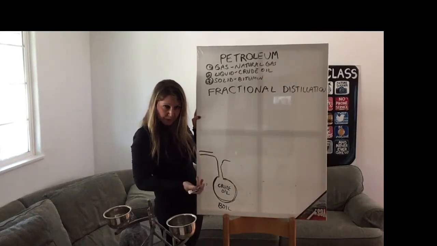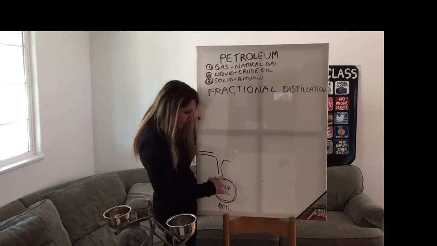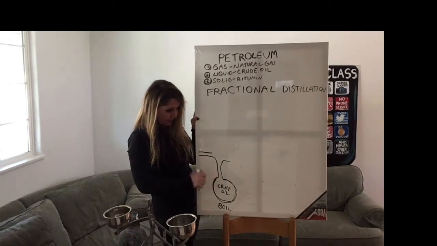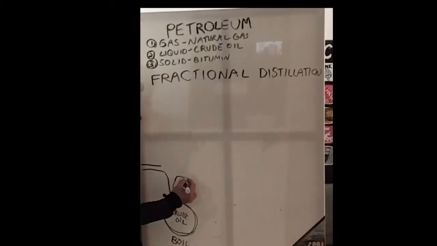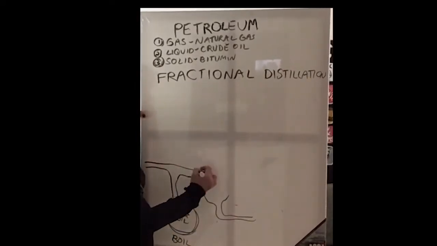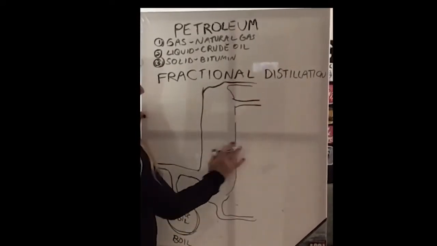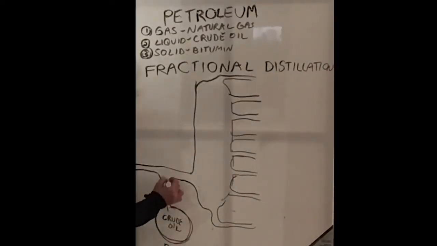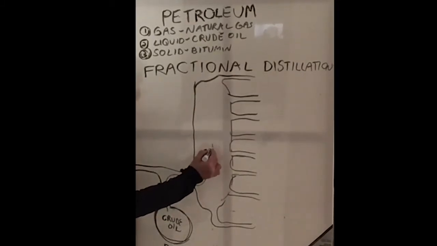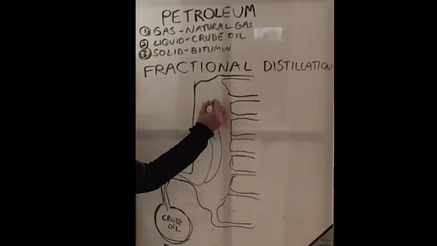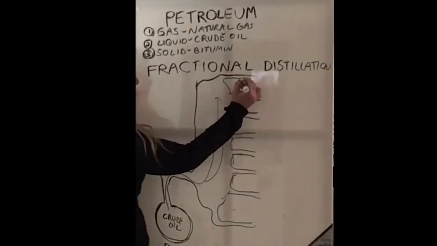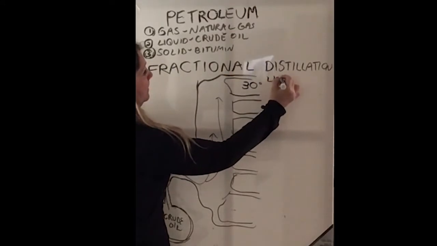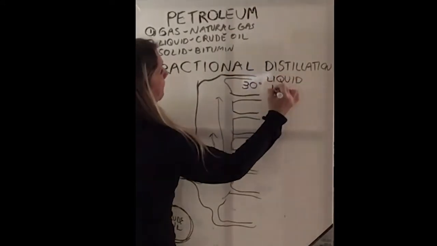All right? And the first temperature we reach where something is actually boiled off is 30 degrees. So there's a fractional distillation column that can separate the petroleum. The first thing that boils is at 30 degrees, and that is liquid petroleum gas.